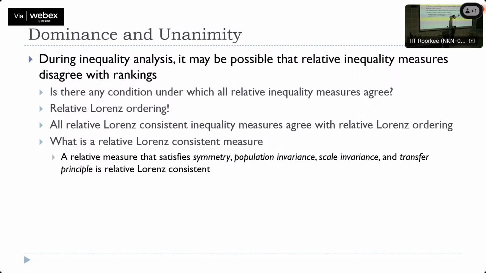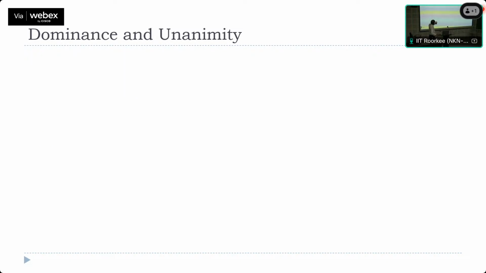No? Yes, be very careful about right versus left wing gang. So it satisfies scale invariance. I will show you the absolute version of Lorentz curve as well, what you can do. The examples would be Gini coefficient, Atkinson's measure, GE measures, all the measures that I've presented.